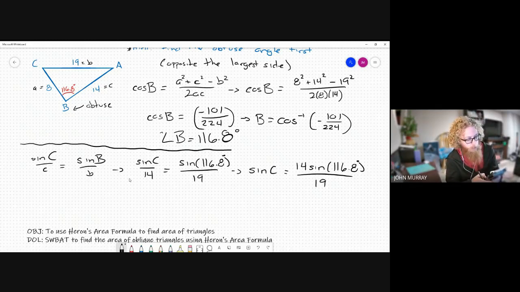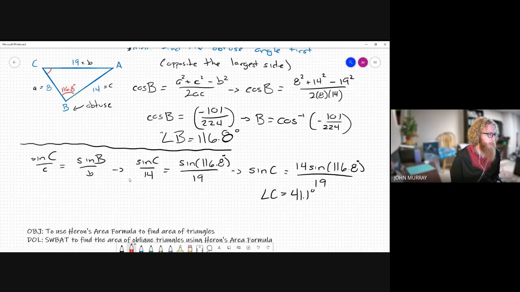So calculating that, taking the inverse sine, I get angle C is, I forgot what it was, 41.1. And I think we might have found that yesterday. I kind of remember that number.